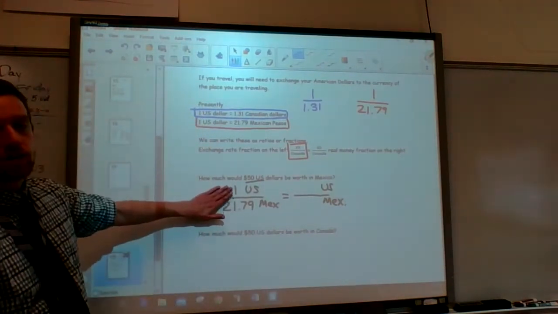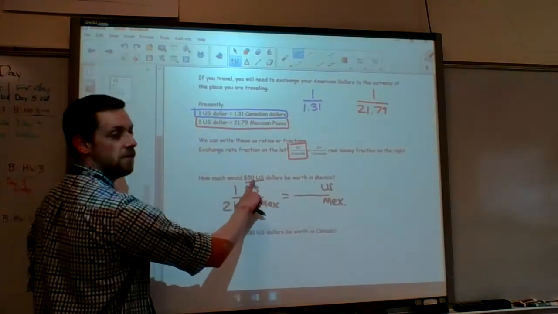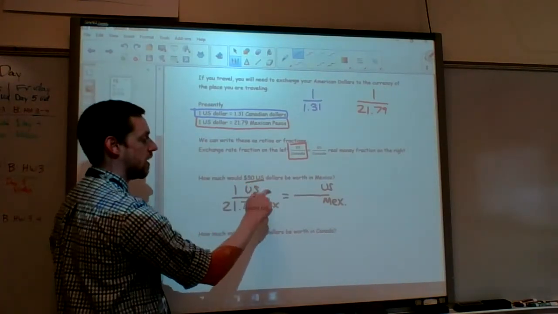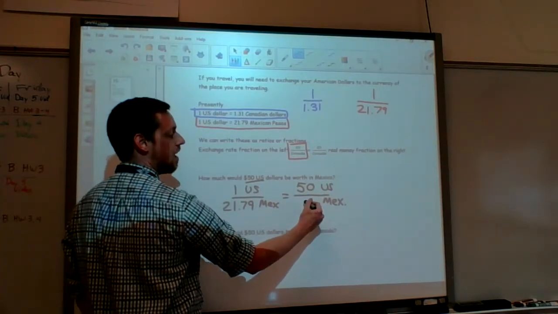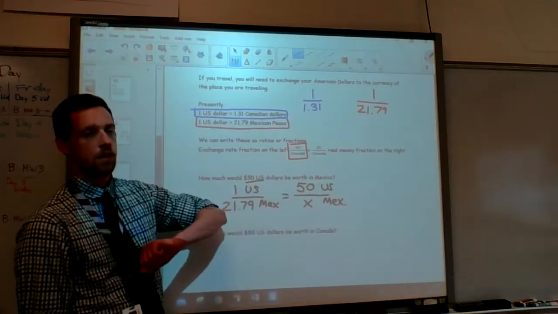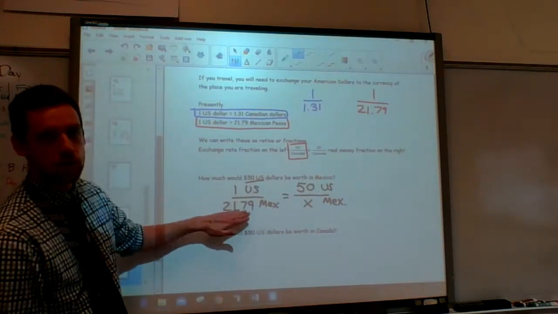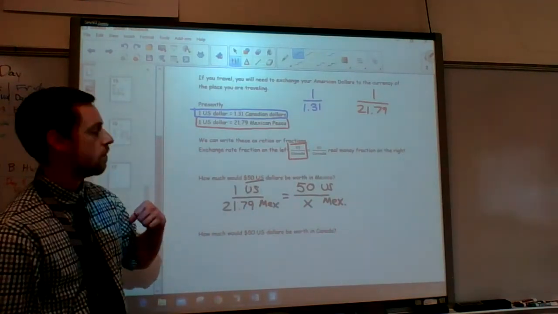One US dollar is 21.79 in Mexican. So 50 US dollars is what I want to find. If I have 50 US dollars, how many pesos would that turn into in Mexico? The first one's our exchange rate. The second one, we plug in how much money we have.